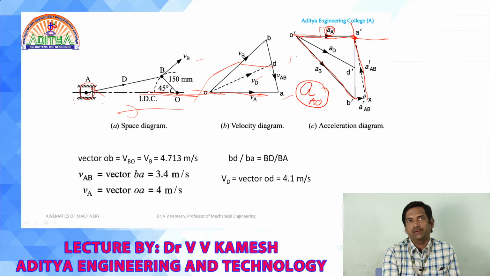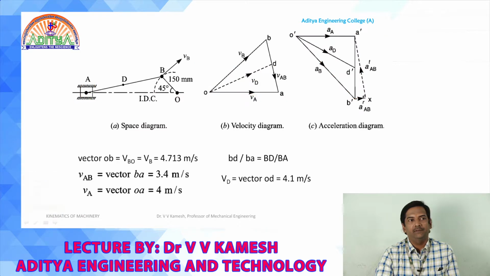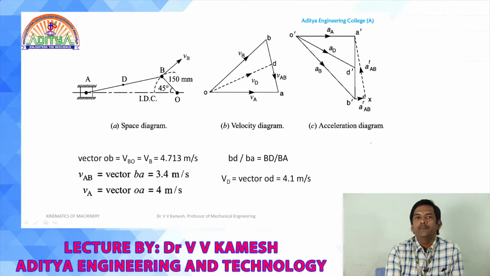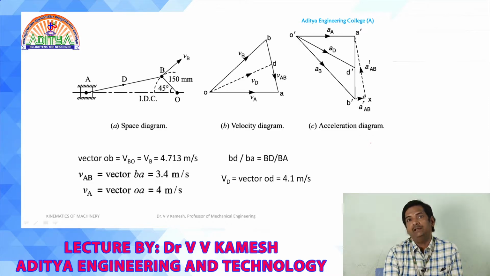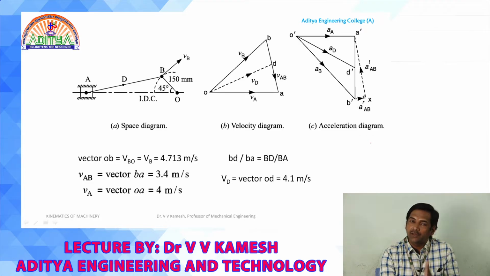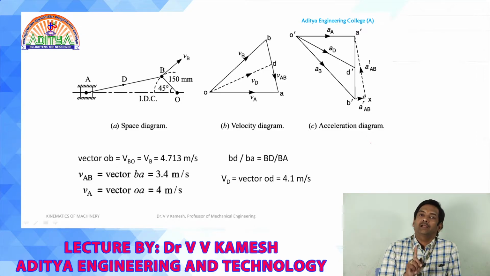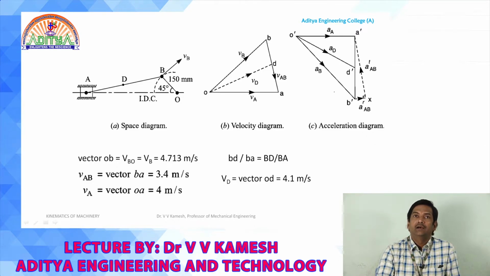So, from this diagram, we are getting O dash B dash, that is the absolute velocity of the link or crank OB, and for AB, we need to identify the radial component by calculating omega square into AB length. Then we need to drop a perpendicular. This perpendicular direction and the slider acceleration direction O dash A dash will meet at A dash.